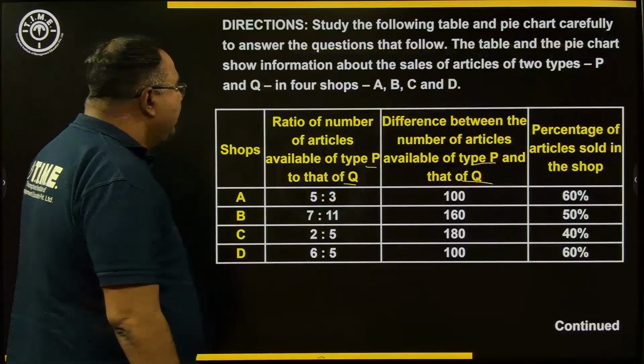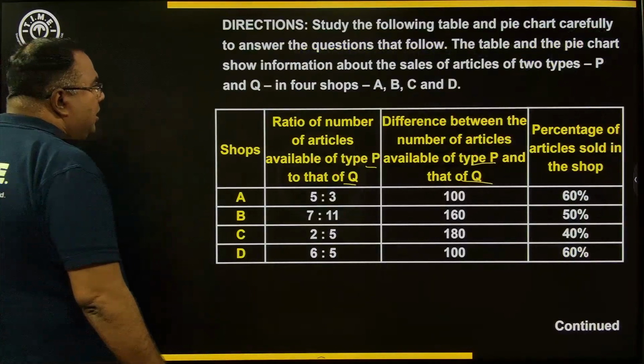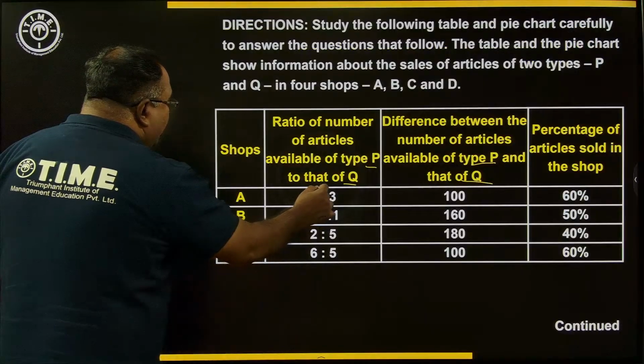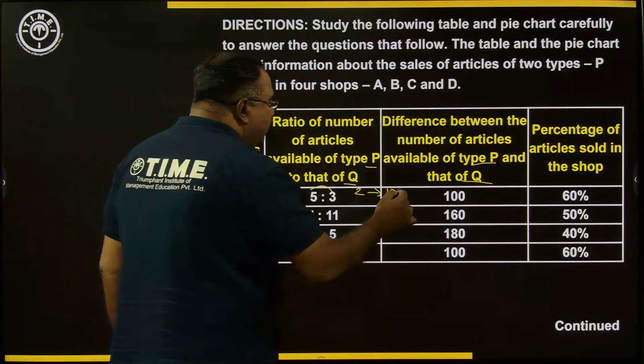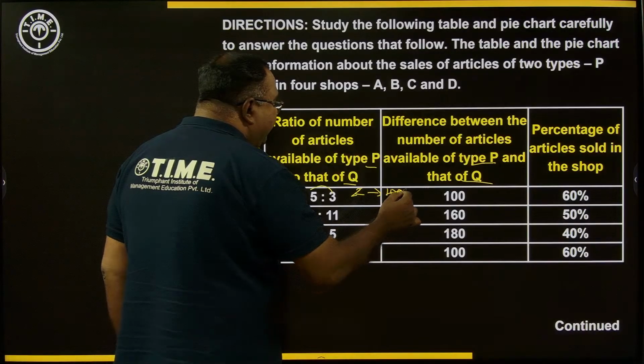Okay. Let me take, what's the difference here? See, two parts, 100. So each part will be 50.